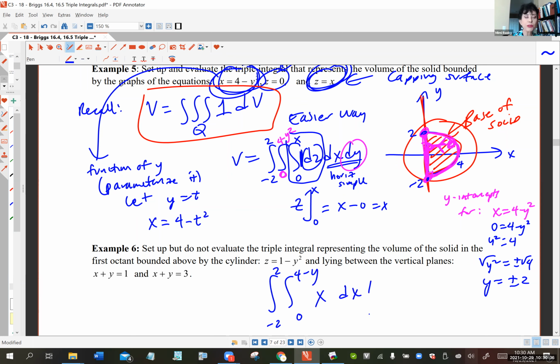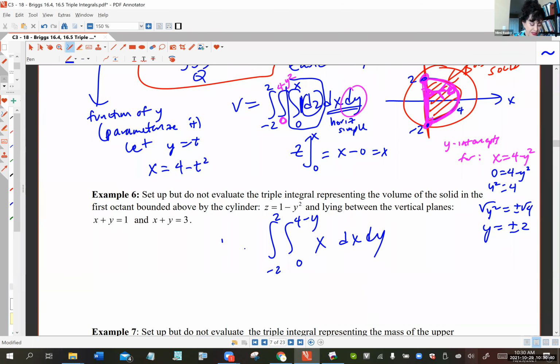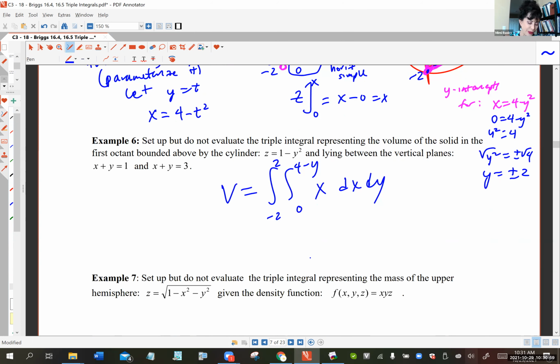And folks, this double integral would be the way you would set up the volume if they had asked you for a double integral, because you would put the capping surface there in the integrand. So once you set up a triple integral to represent volume, once you get to the double integral layer, that's what it would look like if they had asked you to set it up for the volume with a double integral. Cool. This is easy.